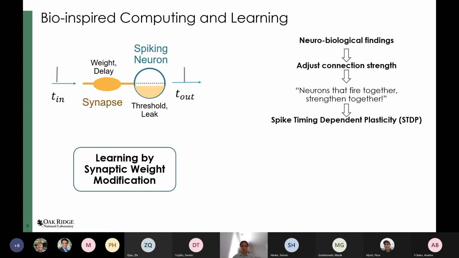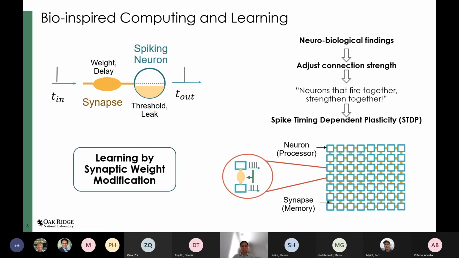Another reason this particular rule is interesting is that it is local in nature. When we think of a neuromorphic processor inspired by the human brain, we would like to have the neurons and the memory close by, such that there is no bottleneck in the data communication between these two entities. That's how most neuromorphic processors are architected today, and they come under the category of non-von Neumann processors.